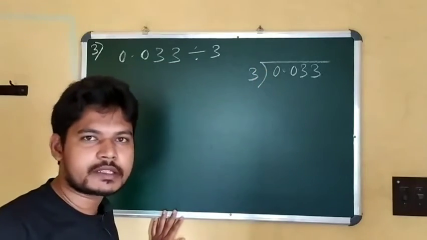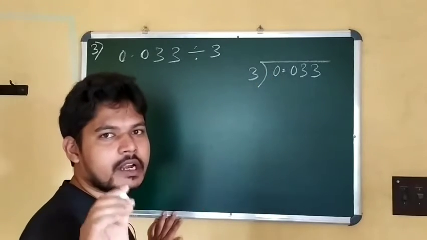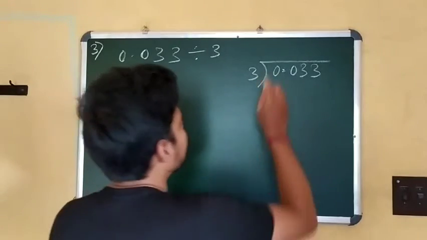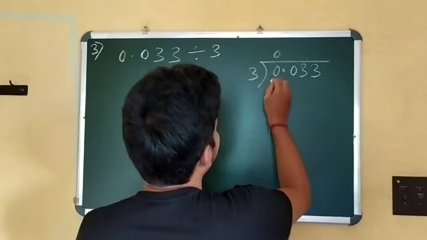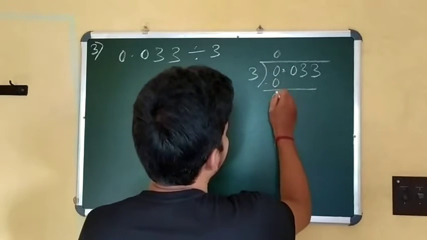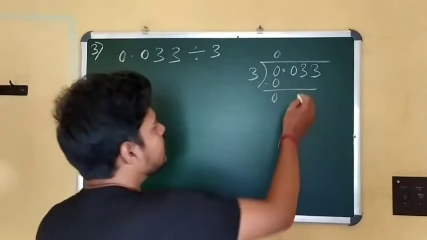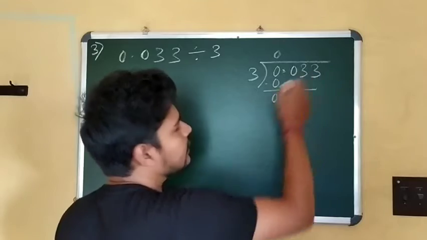You have to apply the same method. At first you can see that 0 is written at the whole number place. So you have to multiply 0 with 3, 0 into 3, 0. Then you get 0. Now you have to shift the decimal point at the quotient place. Then you can take the 0, 3, 3 like this.